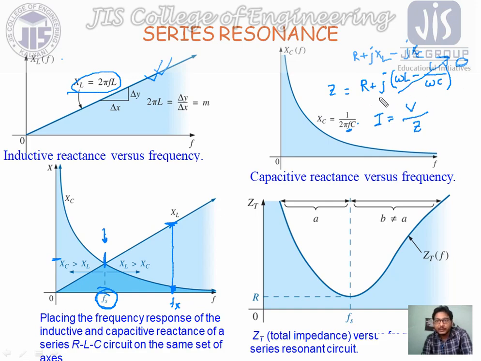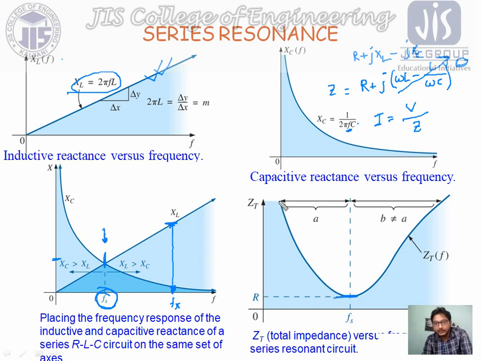So we can conclude that in case of series resonance, at the resonance frequency the impedance is minimum, and away from resonance the impedance is higher, right? If we draw the graph, we get these types of characteristics, and this is the minimum point, which is the value of the resistance.